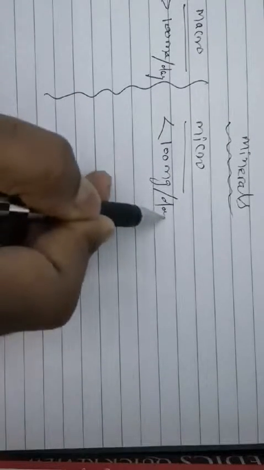Macronutrients are those substances whose daily requirement is more than 100 milligram per day. Micronutrients' daily requirement is less than 100 milligram per day.